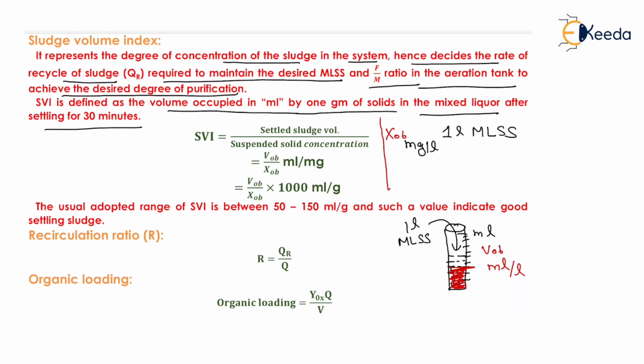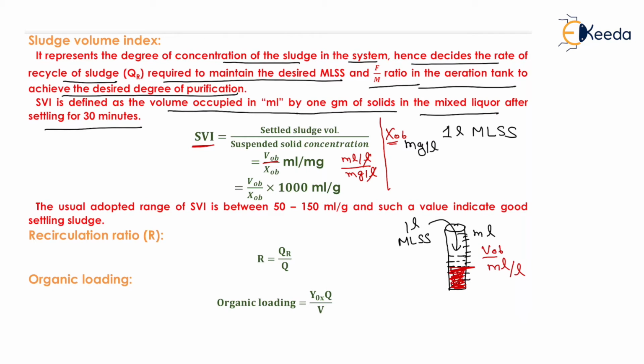Now we want to calculate the sludge volume index, so it is the ratio of settled sludge volume, that is VOB, divided by the suspended solids concentration in MLSS, that is XOB. So we just divide VOB upon XOB in milliliter per milligram, because the units are milliliter per liter and milligram per liter. So after cancelling liter with liter, the unit comes out as milliliter per milligram.